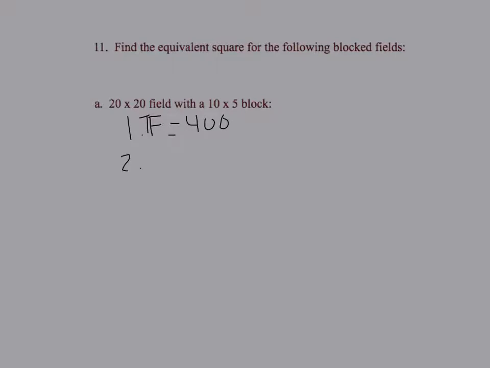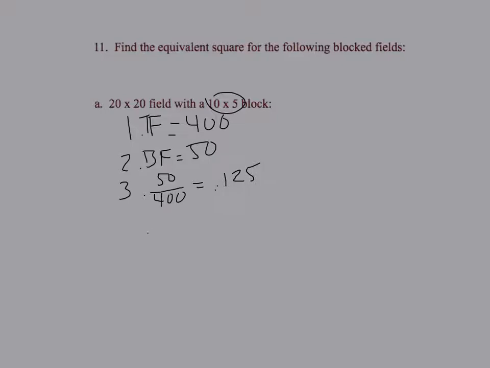Step 2, the blocked field on this is 10 times 5, so that's 50. So if you take the ratio of your blocked field over your total field, it's 50 over 400, and that equals 0.125. Now you're ready to do your equation.